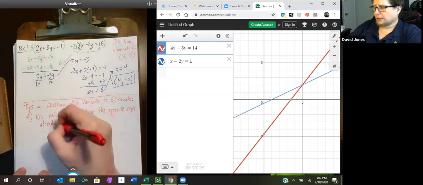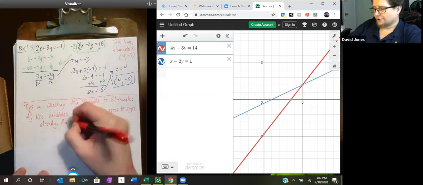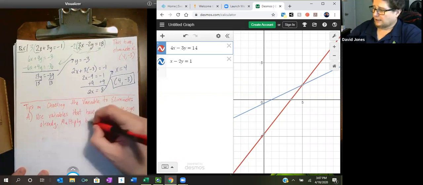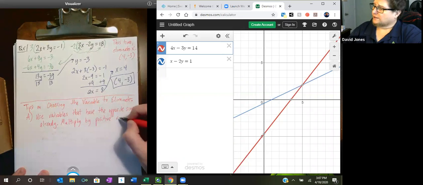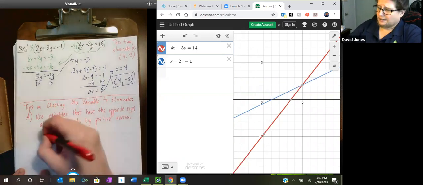And then you just multiply by the positive version of the coefficient of the other equation.